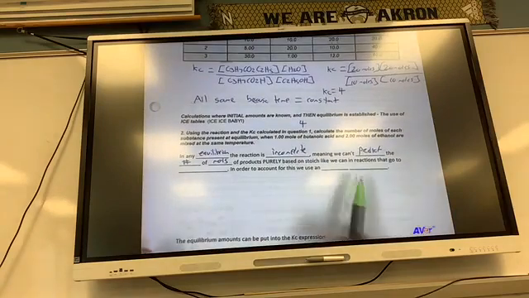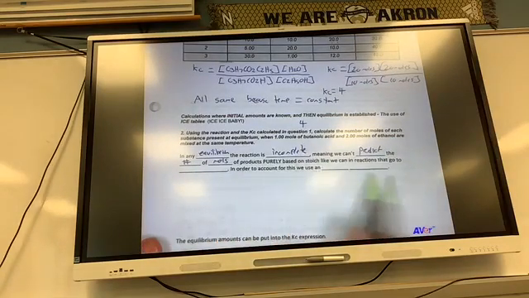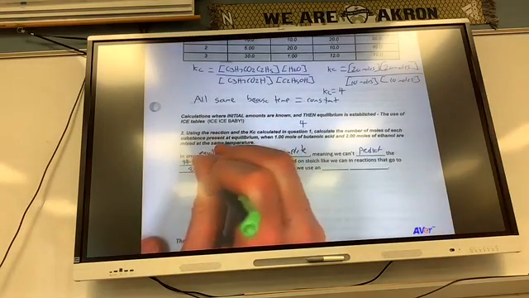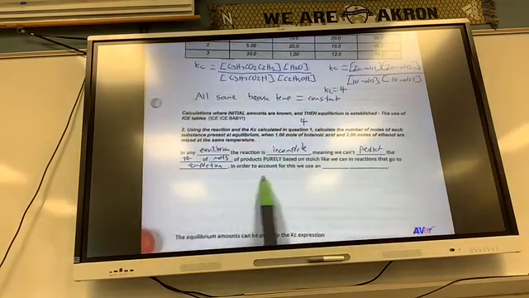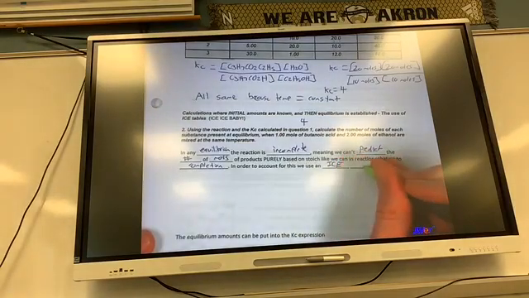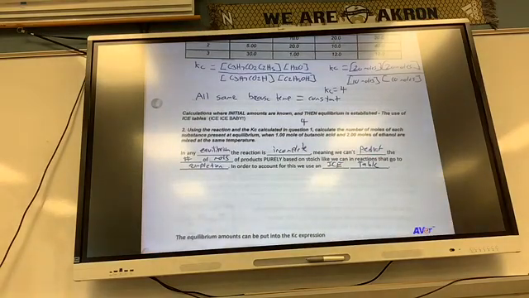Because everything we've done so far are reactions that we assumed went to completion. They all went to completion. In order to account for this, we have to use an ICE table.